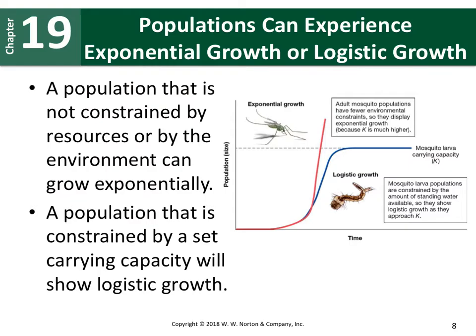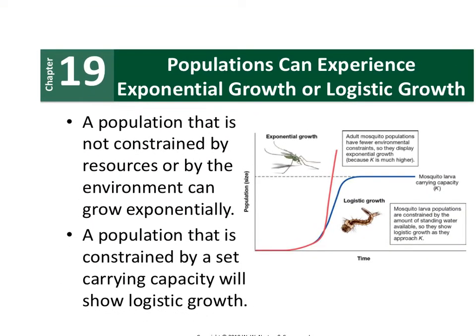So let's take a look. Populations can experience both. A population that is not constrained by resources is in red here, and it keeps growing. The carrying capacity is right here.